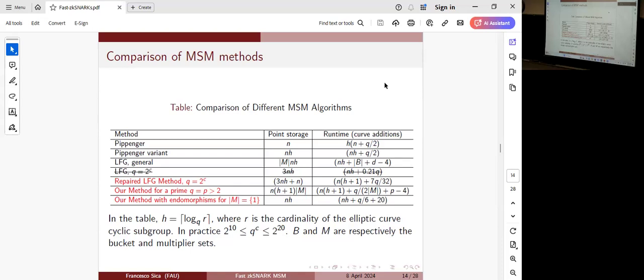Okay. So they also take a specific example where q is a power of 2, m has size 3, in fact is the set 1 to 3, and then b is a specific bucket, which we'll see in the next slide.